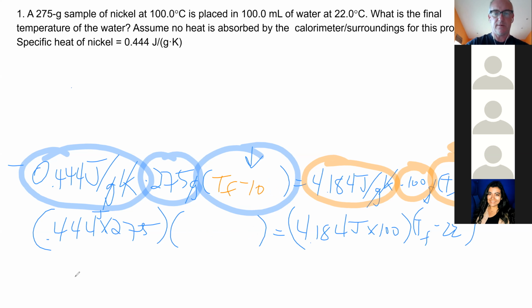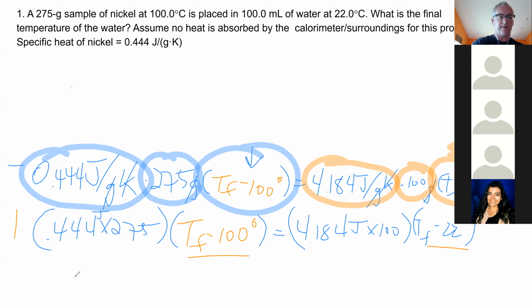Because remember, the delta T is always the final temperature minus the initial temperature. So I screwed that up. So hopefully this will make more sense now. TF minus 100 is the final temperature for the nickel. This is the final temperature for the water. So for the nickel, it's going to be negative. For the water, it's going to be positive. Okay?